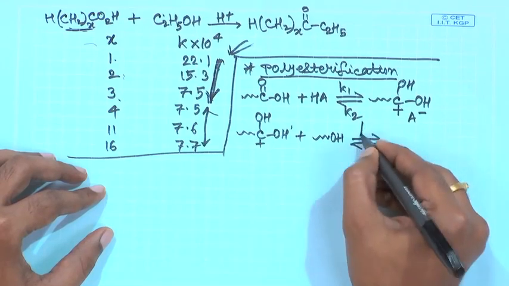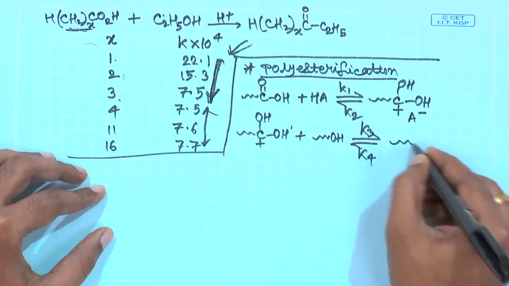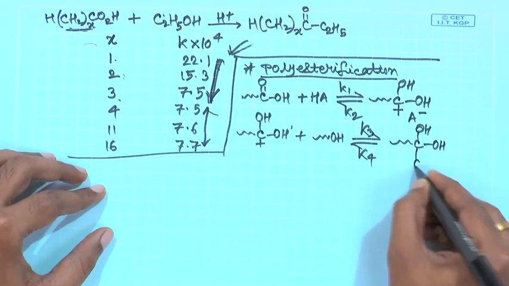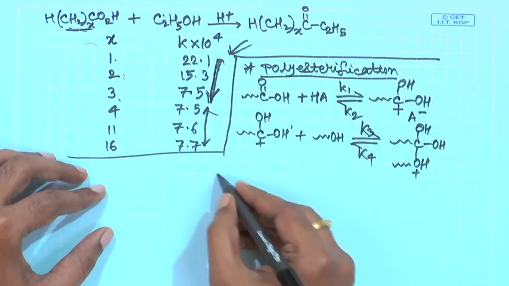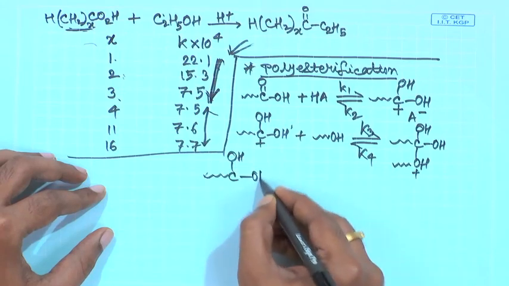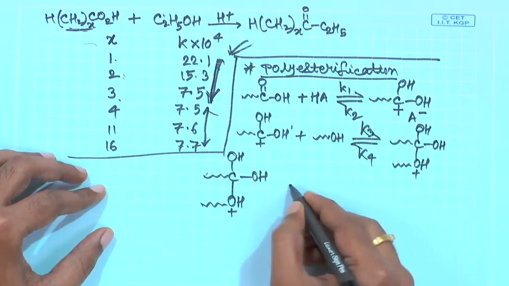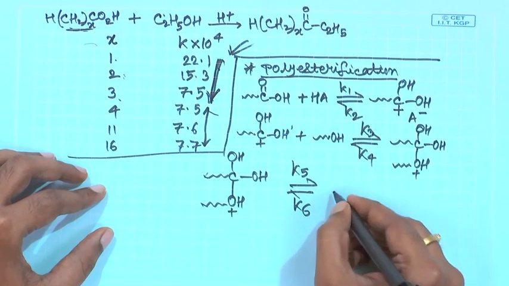So, this is K3 and K4, and you have COH, OH, OH plus this intermediate, and in the final step what will happen is that this will produce your product like this.